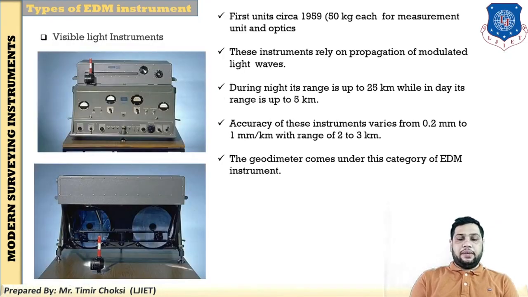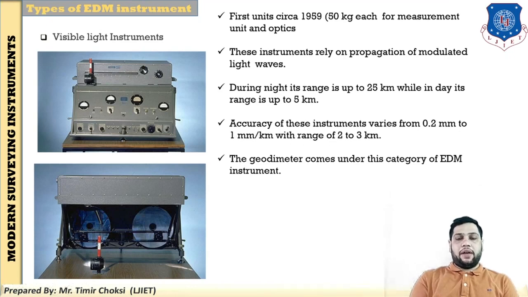Now, second is the visible light instrument. The first unit is Seiga 1959, 50 kg each for the measurement unit and optics. This instrument relies on propagation of modulated light waves. During night its range is up to 25 km, while in the day its range is up to 5 km. Accuracy varies from 0.2 mm to 1 mm per kilometer with a range of 2 to 3 km.